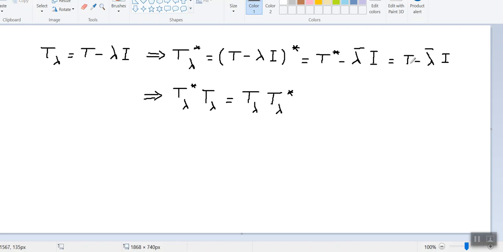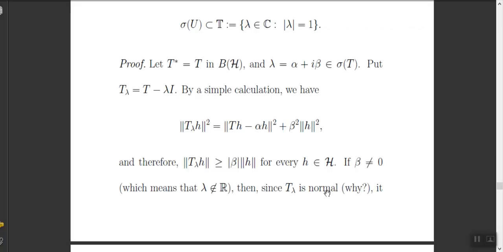Then it is easy, and I leave it to you to check that they commute. So this means T lambda is normal.